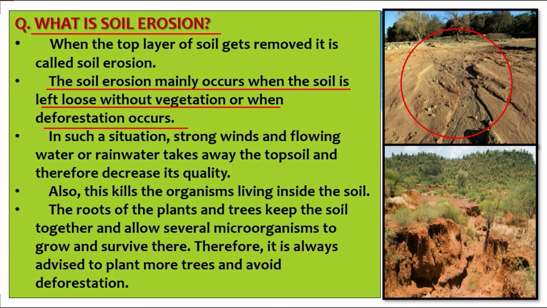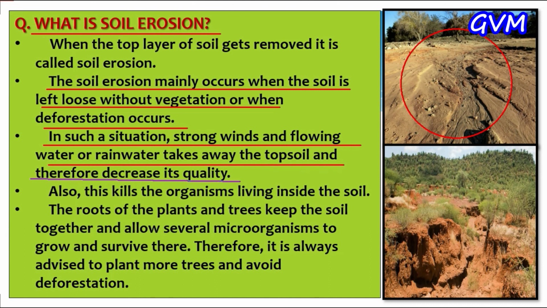And students, when there is no vegetation to hold the soil, the strong winds and the flowing water or rainwater take away the top layer of the soil, and therefore it results in a decrease in the quality of soil, or we can say the fertility of soil.